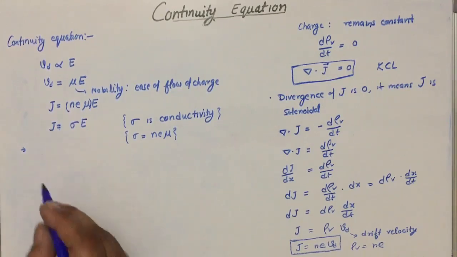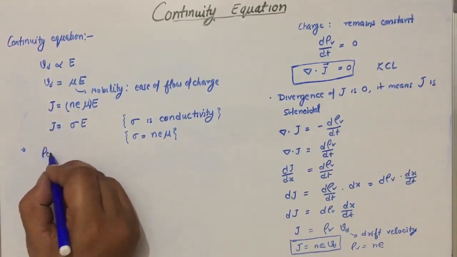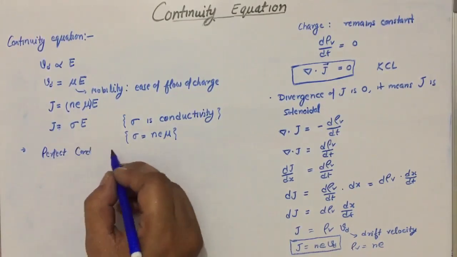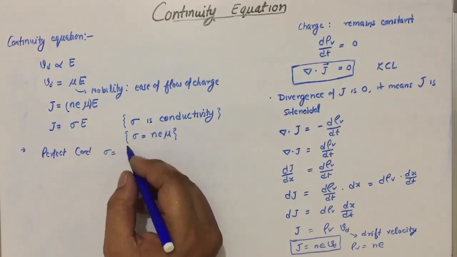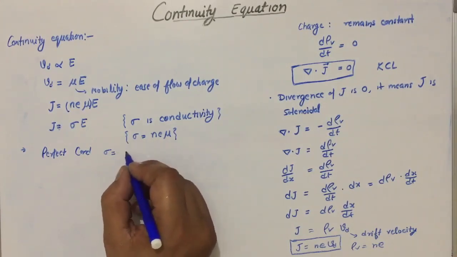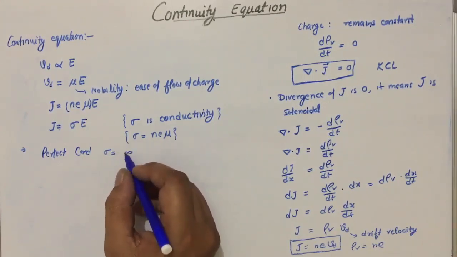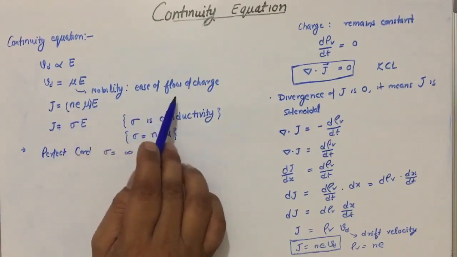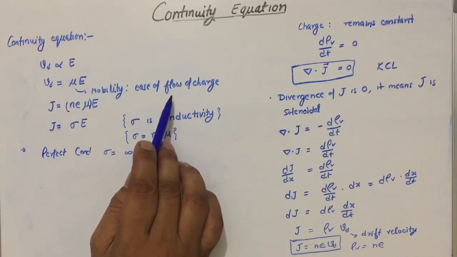In the case of a perfect conductor, conductivity is infinite, as mobility, the ease of flow of charge, is infinite.